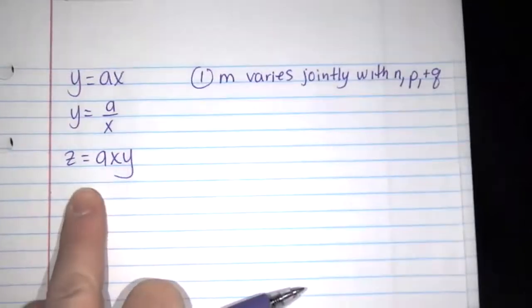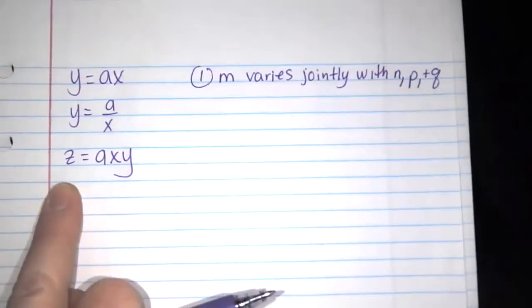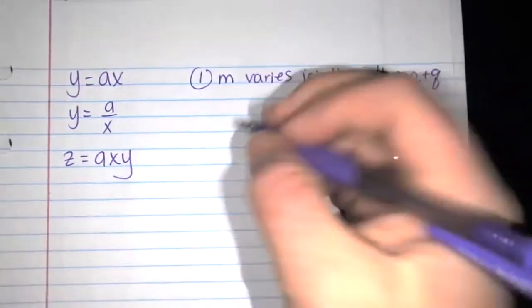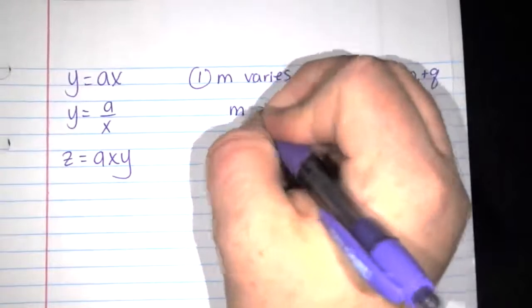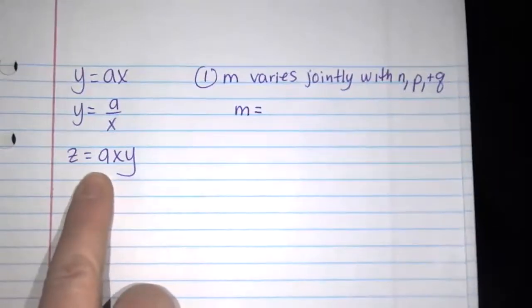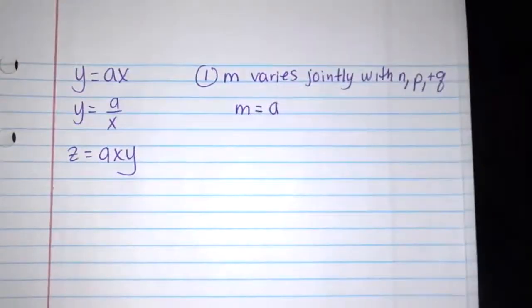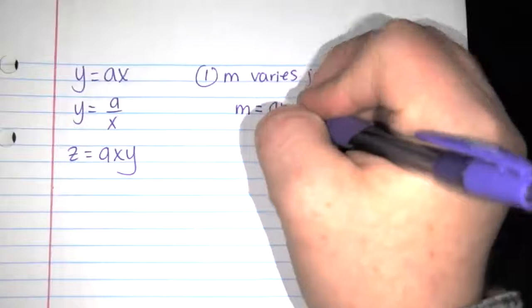Joint. The letter that is mentioned first is the lone one. So M equals the letter that will never be mentioned that you have to put is the a. So you have to put an a in. And then what should I do with N, P, and Q? Just put them at the end.